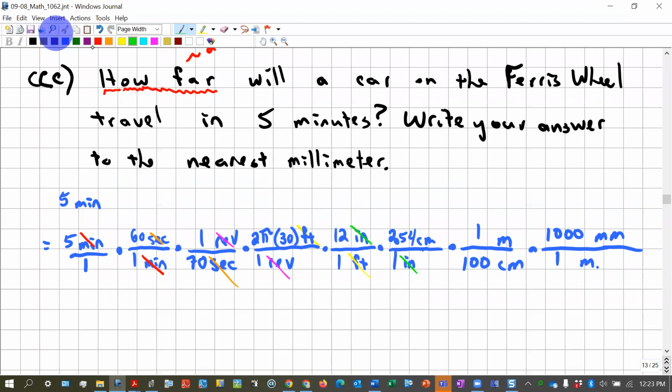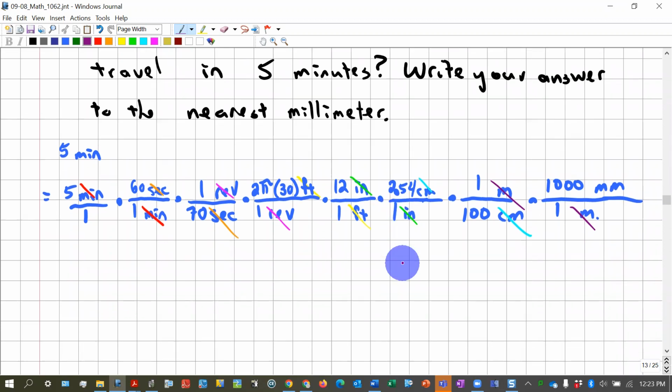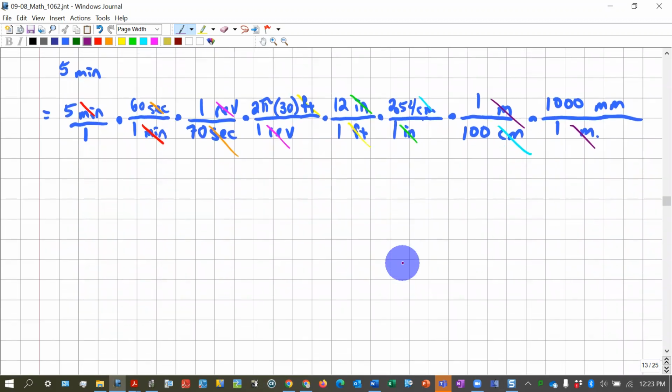Now, whenever we are converting from customary units to metric units, there can be some round off error, except that this one is exact. 2.54 centimeters is 1 inch.